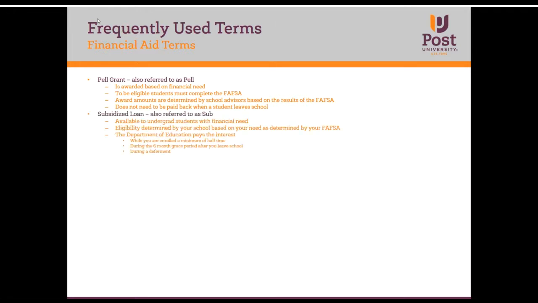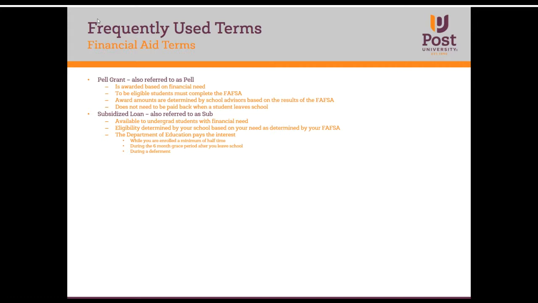This is a grant from the Department of Education, so you do not have to pay your federal Pell Grant back. The next portion of most students' aid is what's called a subsidized loan. Again, in the office, we might refer to it as sub. So if you hear us talking about that or see it abbreviated that way, that's what it's referring to. All undergrad students are eligible for the subsidized loan based on the need determined from your FAFSA.